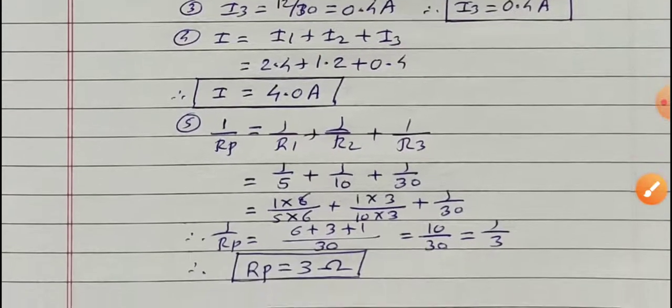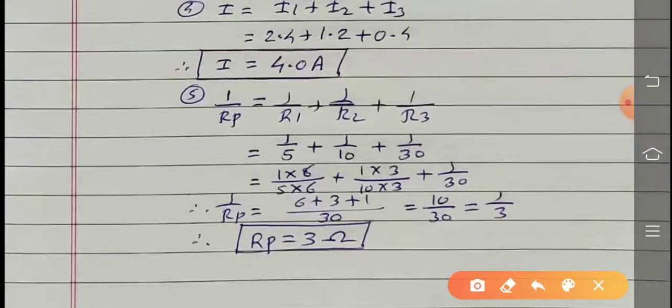Next, at the last, 1 upon Rp, we use the formula and substitute the values of R1, R2, R3. Now again the LCM is 30, so make the denominator 30. 5 6s are 30, that's why multiplied by 6 here. 10 3s are 30, that's why multiplied by 3 in the second.